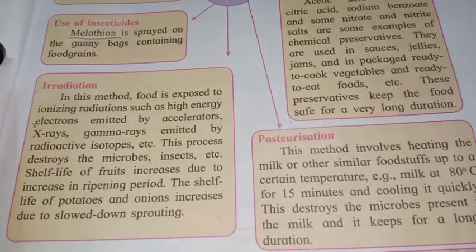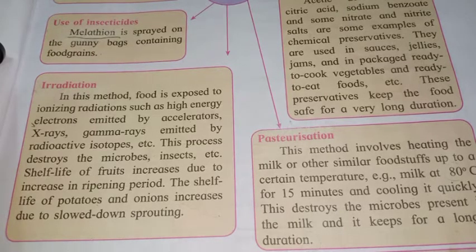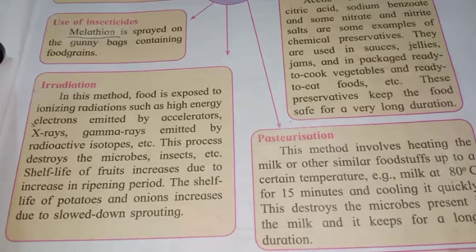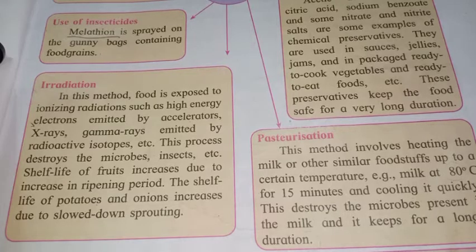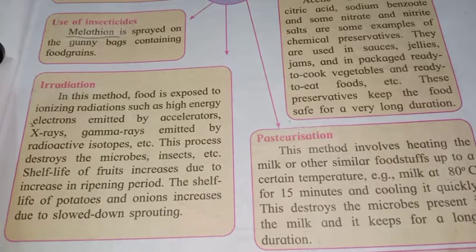Next is irradiation. So food is exposed to ionizing radiations like high energy electrons emitted by accelerators, then X-rays, then gamma rays emitted by radioactive isotopes, and this irradiation destroys the microbes or microorganisms and insects.